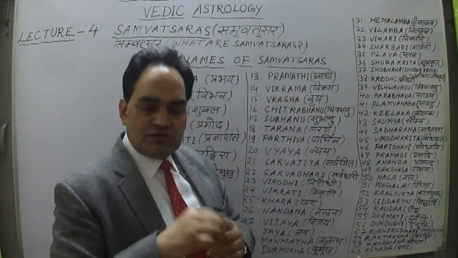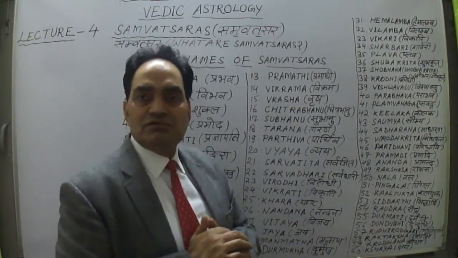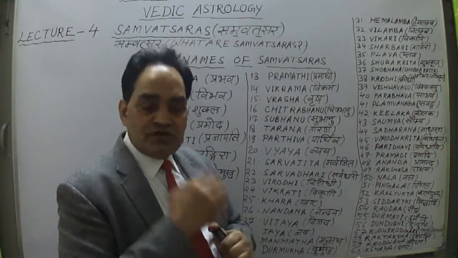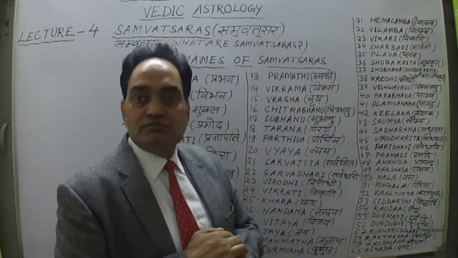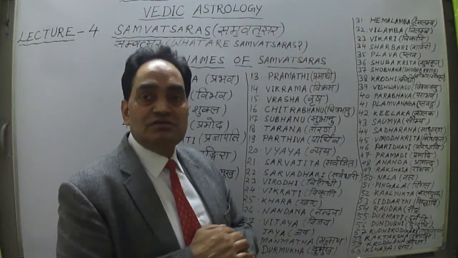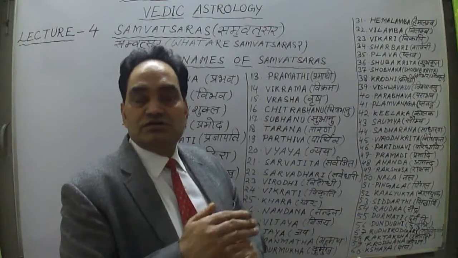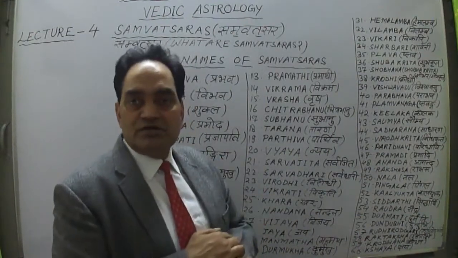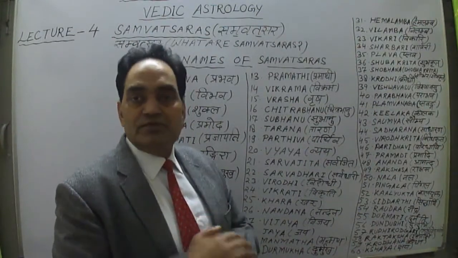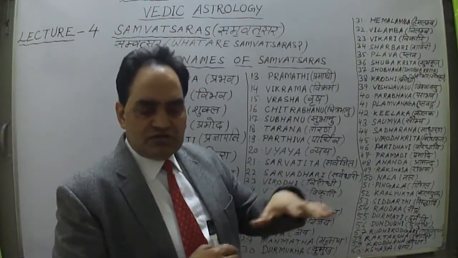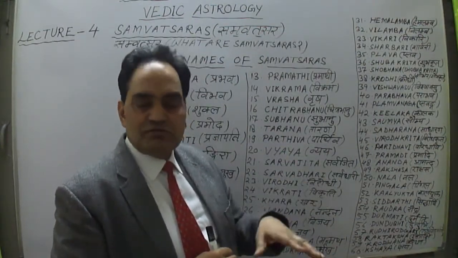Because of this, the whole zodiac of 360 degrees is covered by Saturn in 30 years. In this way, in 30 years, all 12 signs are covered by Saturn, while Jupiter takes 1 year per sign, so 12 signs are covered by Jupiter in 12 years.